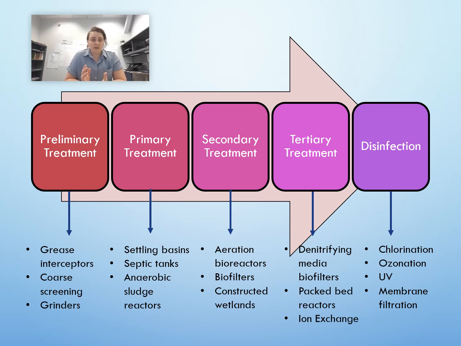We're going to start by talking about preliminary treatment, things like screening, grinders, grease interceptors, fun stuff. And then we're going to talk a lot more in detail about things like sludge reactors and bioreactors, because that's really where wastewater treatment differs. So just save a snapshot of this screen. These are some of the things that we're going to be talking about throughout the rest of the semester. And in class, we will talk specifically about wastewater quality parameters.